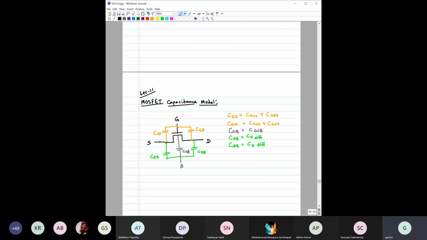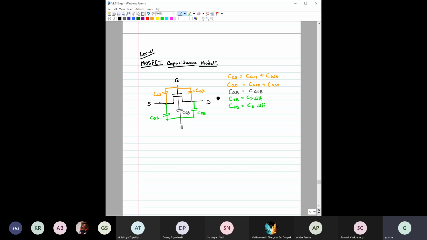Now, if we have to write what the total capacitance is for an N channel or P channel MOS, say NMOS, how would the total capacitance look? For example, you can see these are the three terminals: gate, source, drain, as well as the body terminal, which is also shown.